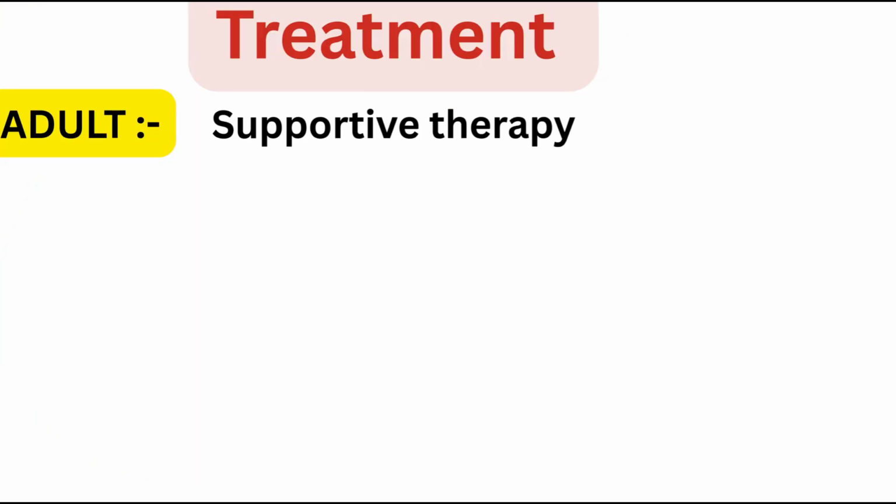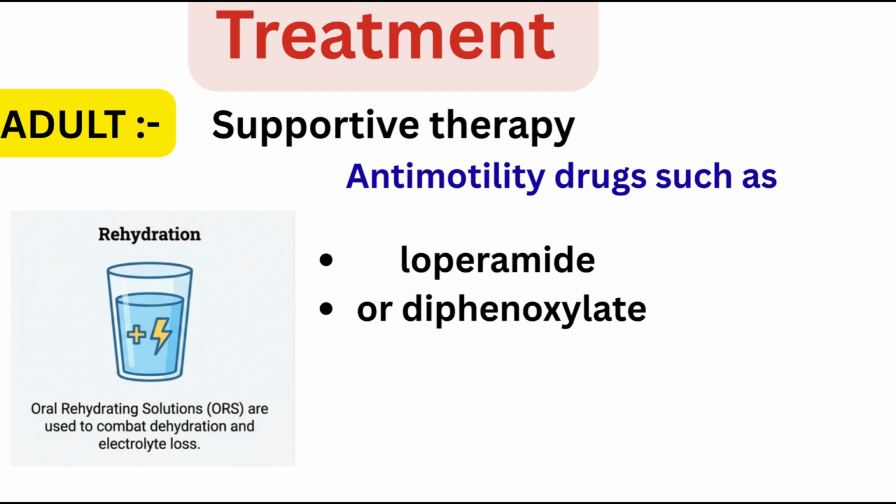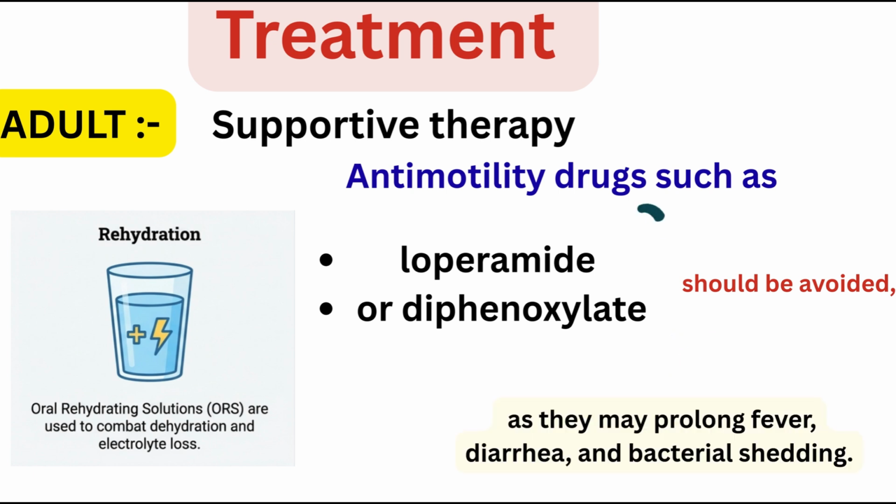Supportive therapy is the cornerstone of management. Adequate hydration is essential to compensate for fluid loss from the gastrointestinal tract. And in most cases, oral rehydration therapy is sufficient. Antimotility drugs such as loperamide or diphenoxylate should be avoided as they may prolong fever, diarrhea, and bacterial shedding.